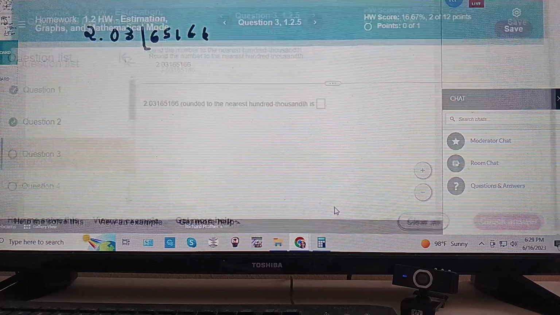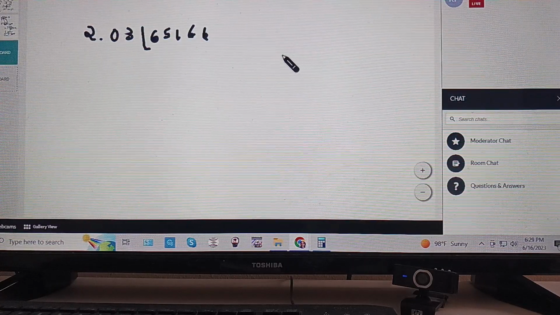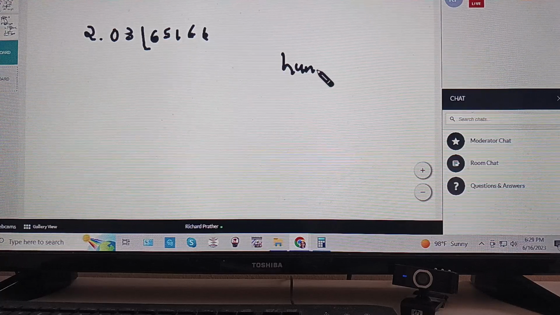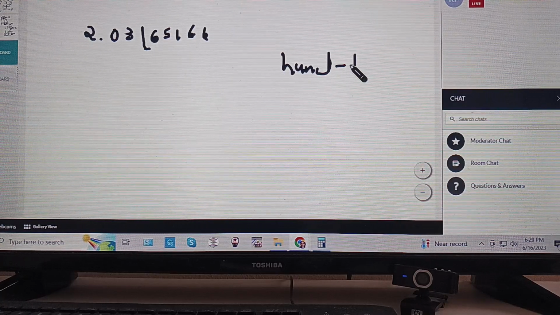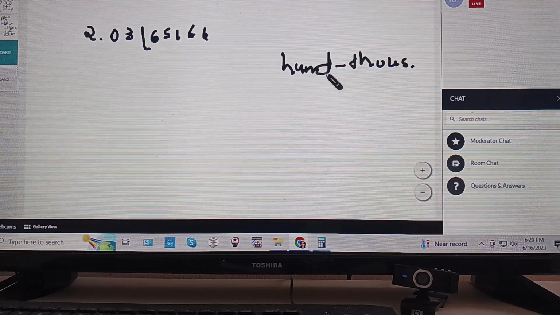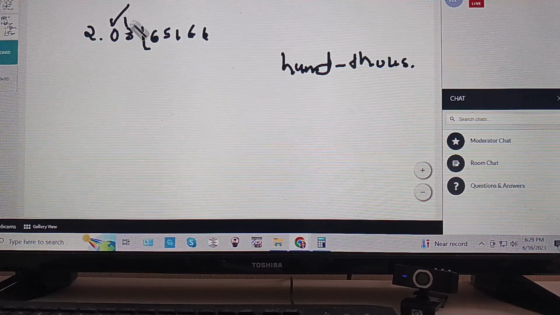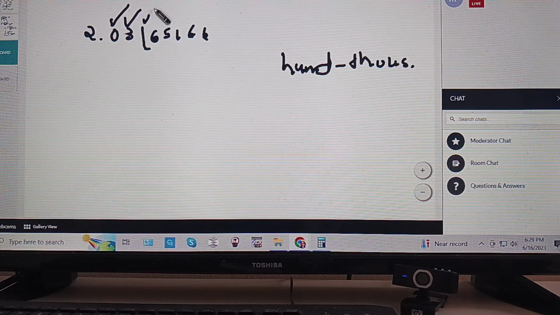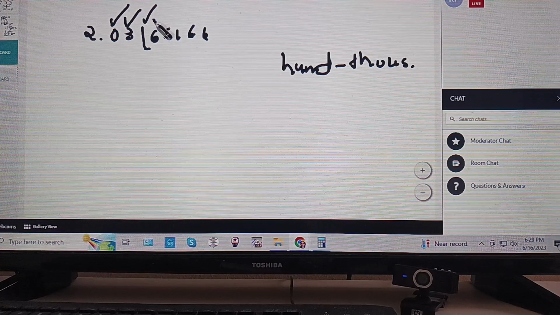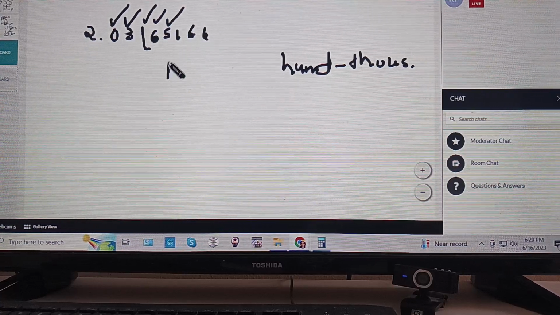They want 100,000th. Okay, so it goes tenths, hundredths, thousandths, 10,000th, and then 100,000th. There it is right there.